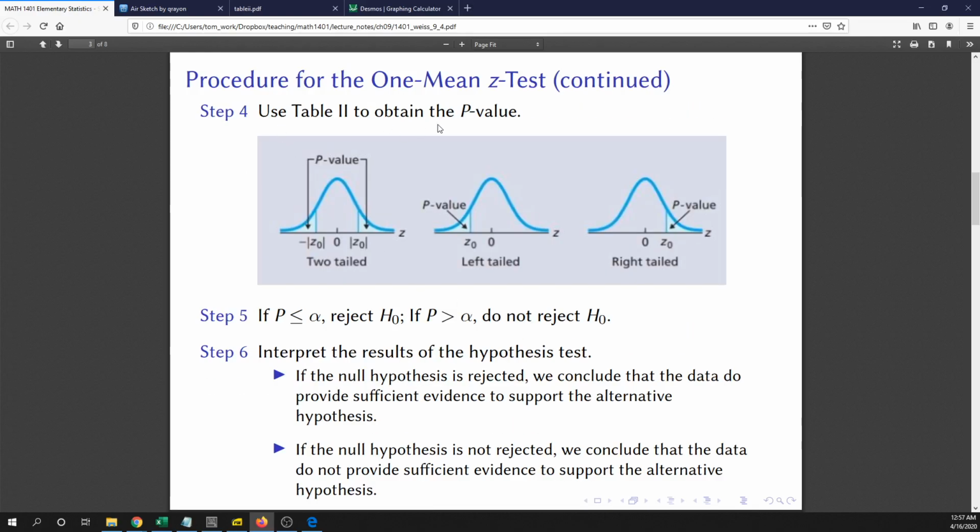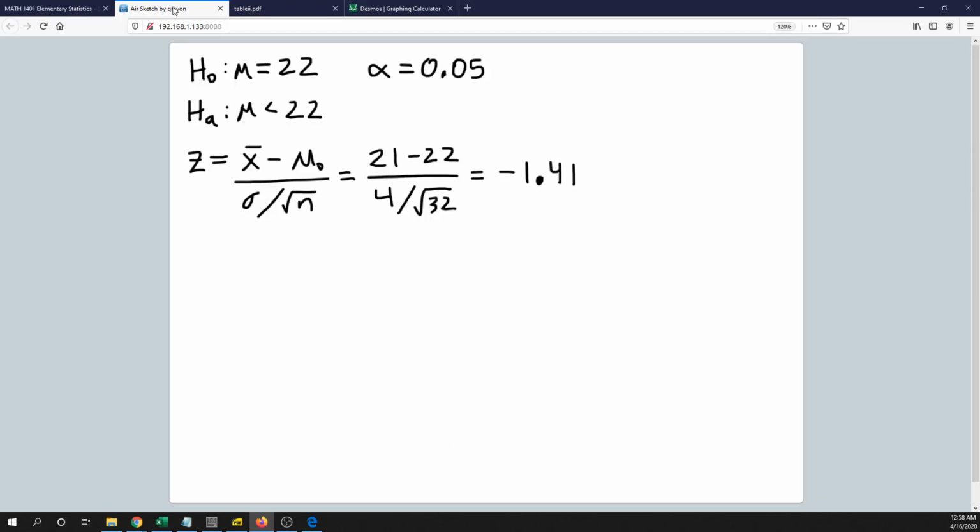Use table 2 to determine the p-value. We are doing a left-tailed test, so this is the test that we are computing right here. What we're going to do to find our p-value is find the area underneath the standard normal curve to the left of minus 1.41.